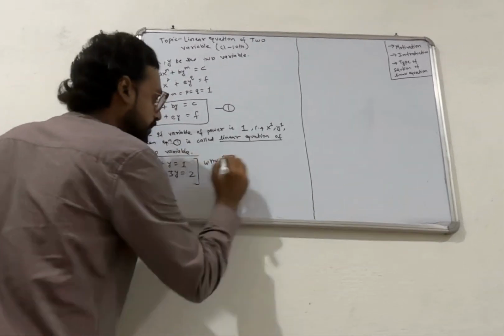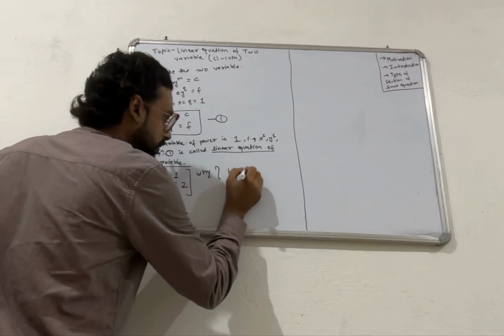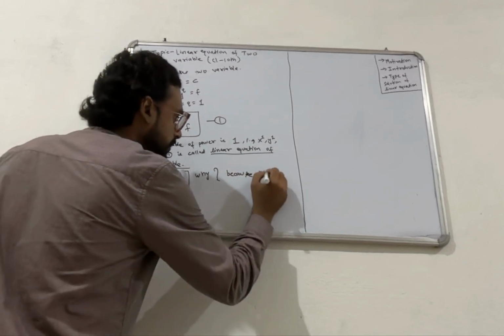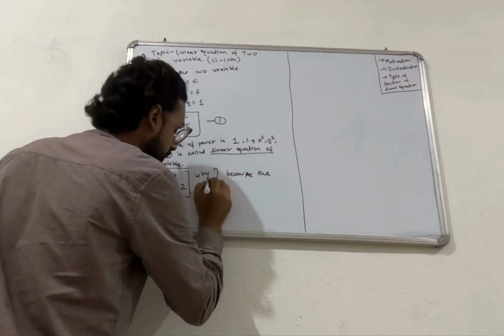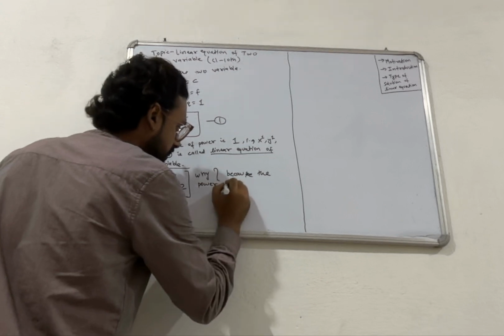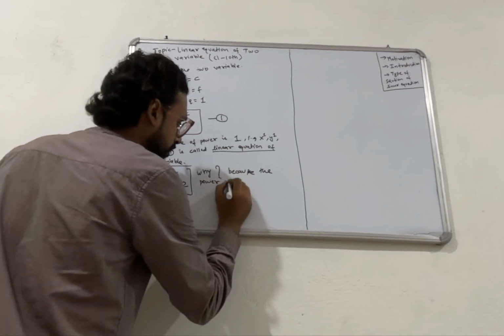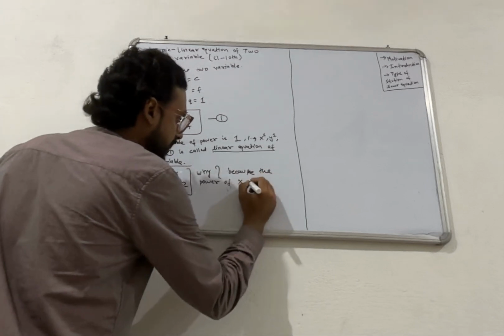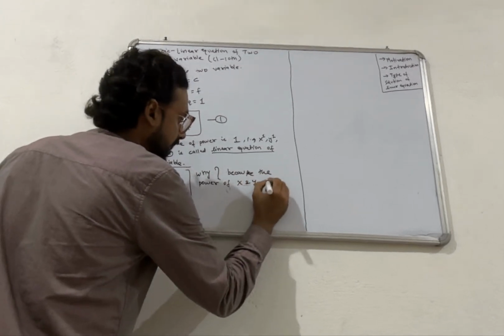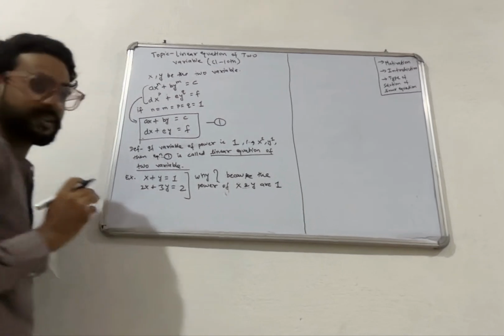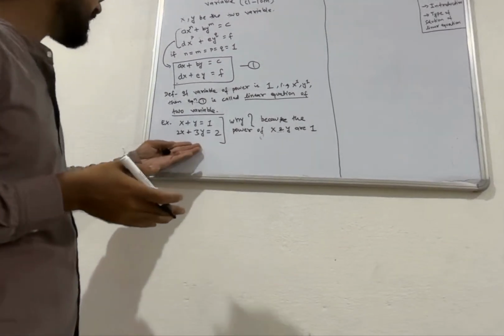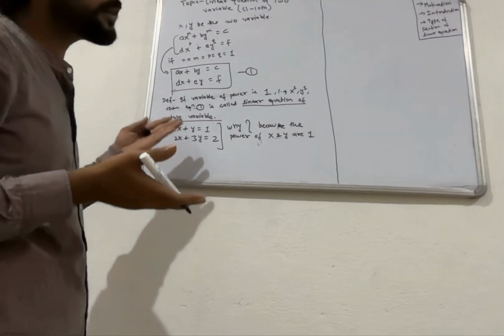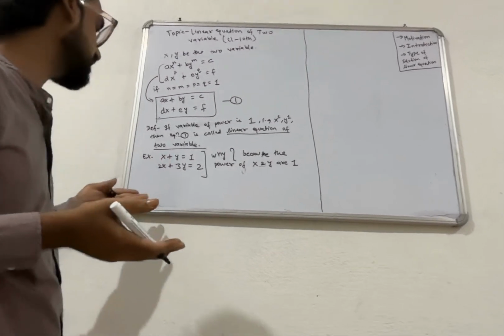Because the power of x and y is 1. That's why these are linear equations of two variable, and also we can call them linear equations.